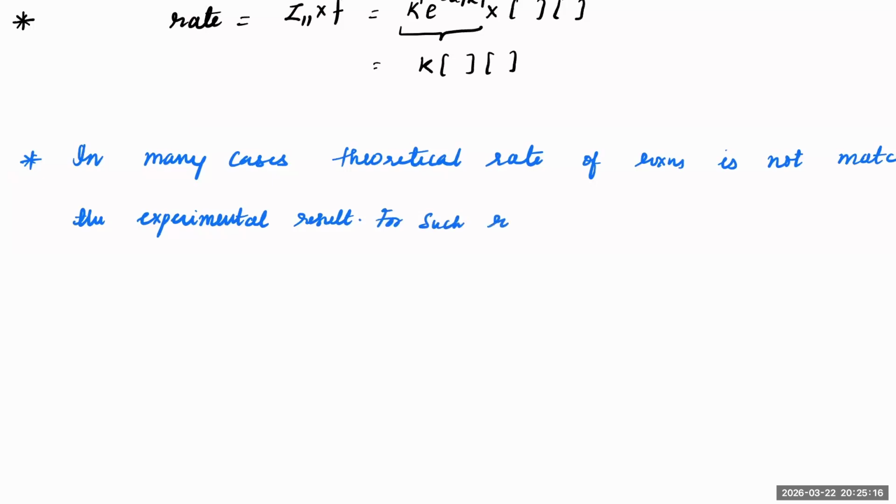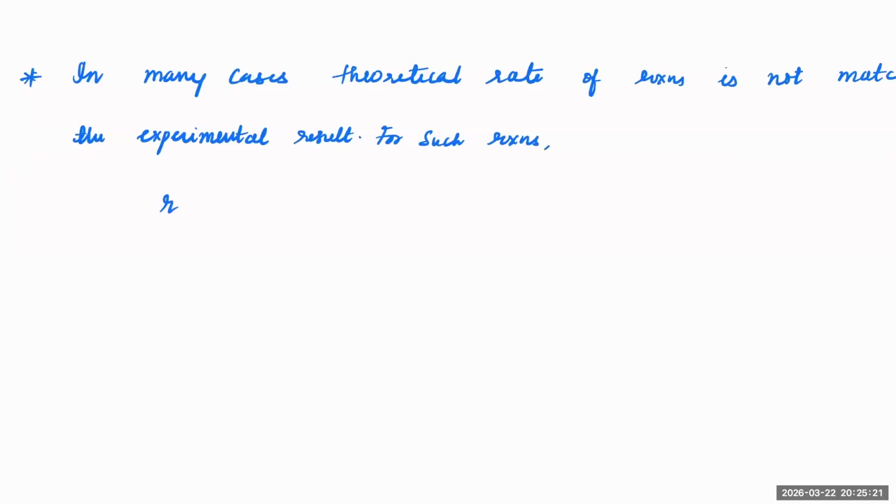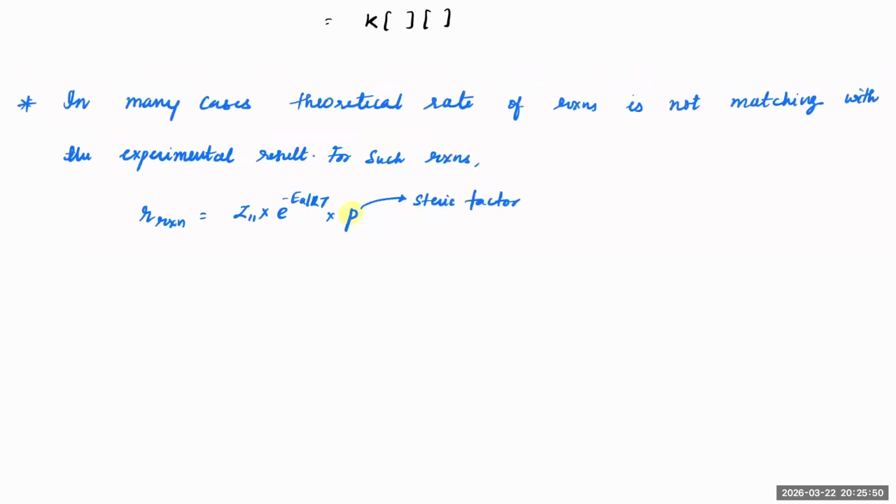For such reactions, we can say that rate of the reaction is equal to, just like how we added Z11 into fraction of particles, e to the minus EA by RT, then I have to multiply one more term known as P. This is also called the probability factor or steric factor. Got it? So this factor is to be multiplied just to make sure that theoretically and experimentally the result matches the same.